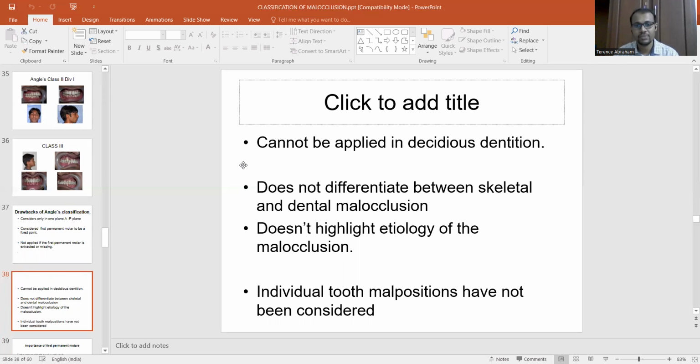It does not differentiate between skeletal and dental malocclusion. It doesn't highlight the etiology of the malocclusions. And intra-arch malocclusion or individual tooth malpositions have not been considered in the Angle's classification. These are the various drawbacks of the Angle's classification.